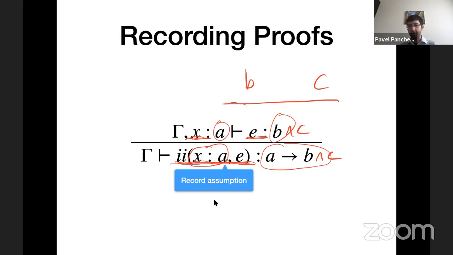So it's really going to look like a big program, or almost like a big config file, that describes all the proof rules I've applied one after another.